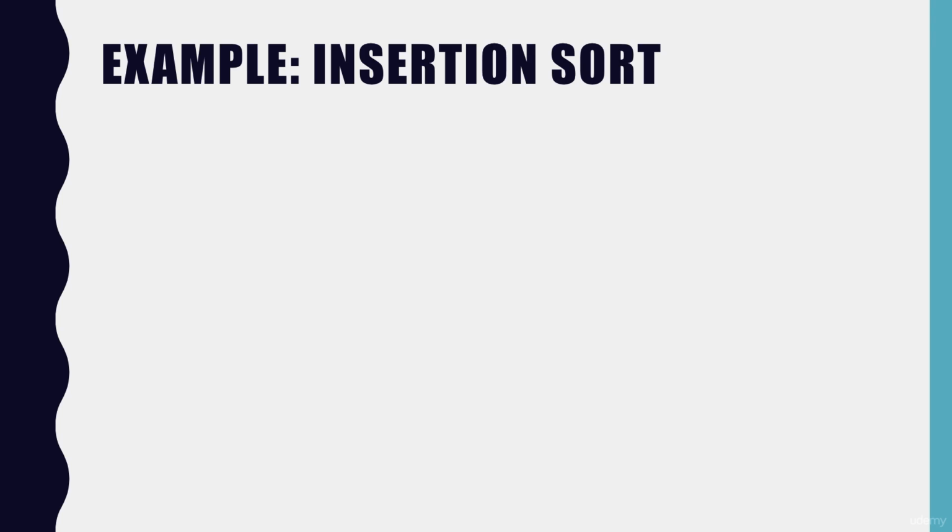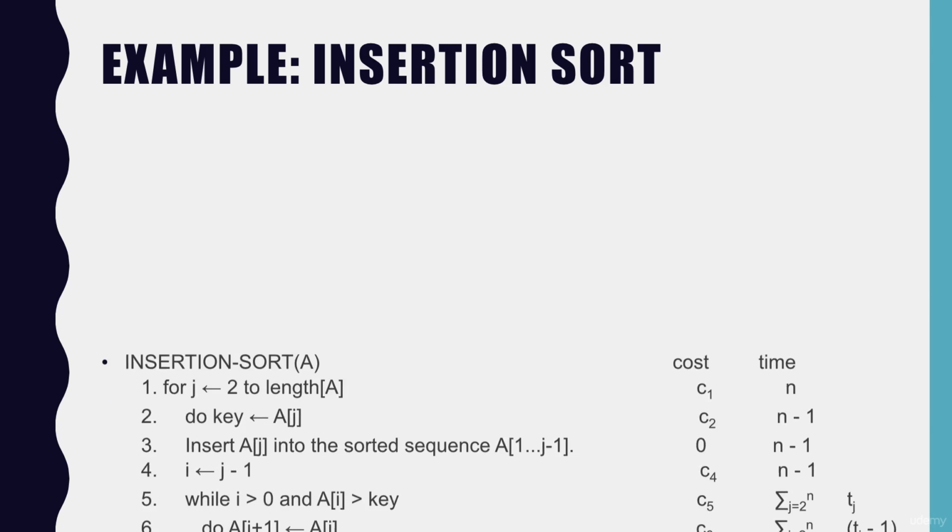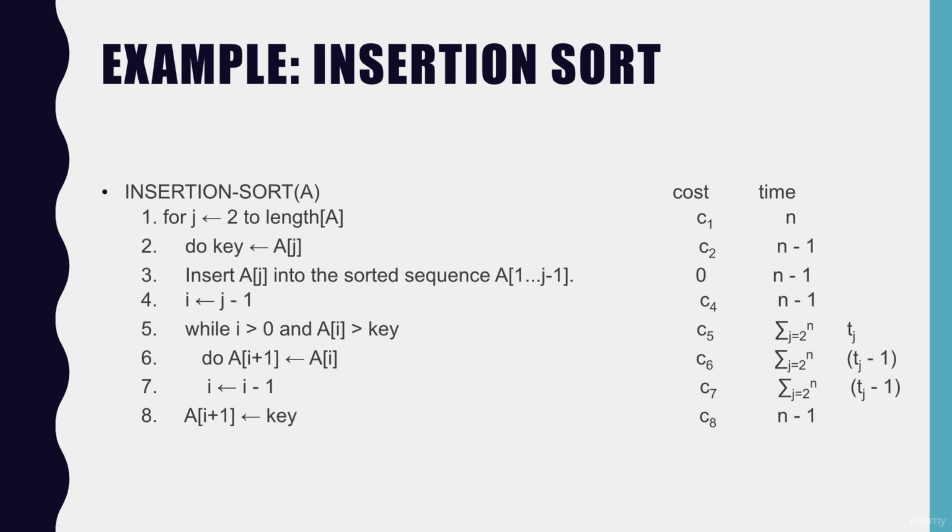Now, let us look at an example of insertion sort to understand the analysis of algorithms. The time taken by the insertion sort procedure depends on the input. Sorting 1,000 numbers takes longer than sorting 3 numbers. Moreover, insertion sort can take different amounts of time to sort two input sequences of the same size, depending on how nearly sorted they already are.